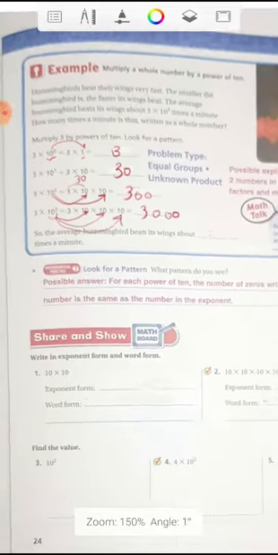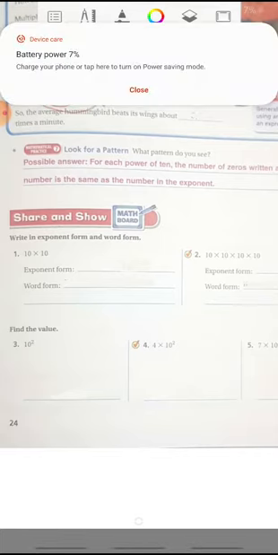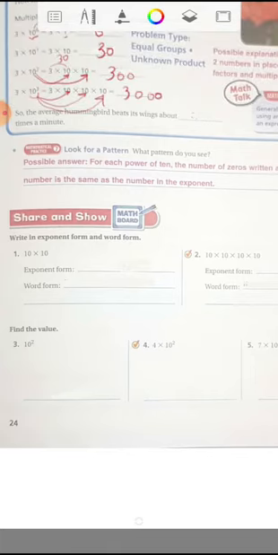Now, let's see these exercises. Exercise number 1: write in exponent form and word form. I want you to write the exponent form, then you write the word form. Look at this number, 10 multiplied by 10. First you have to write the base.